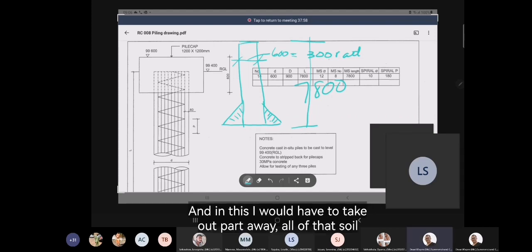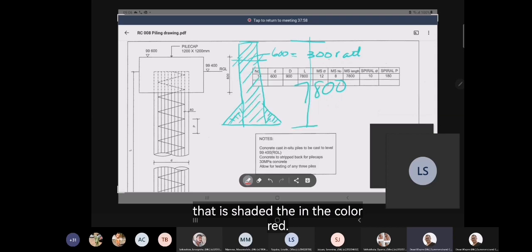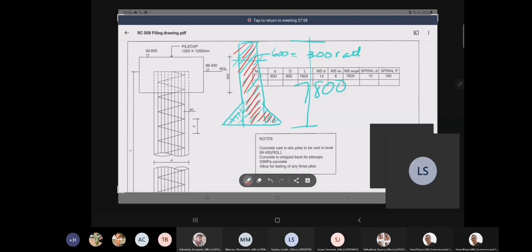And in this, I would have to take out, cart away all of that soil that is shaded there in the color red. I'd have to allow for the carting away of all of that.